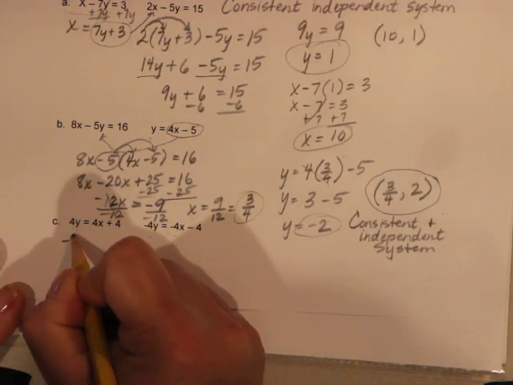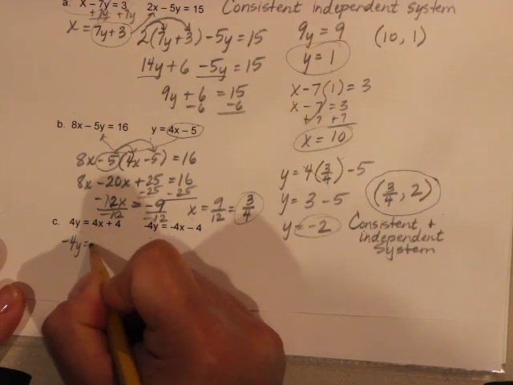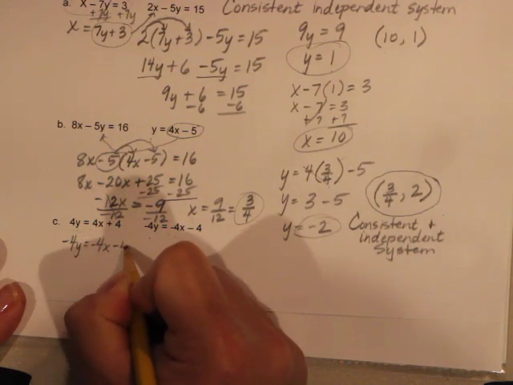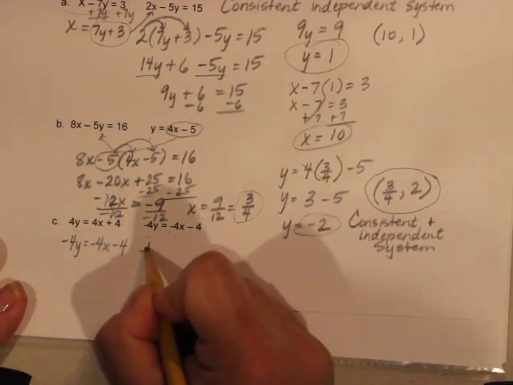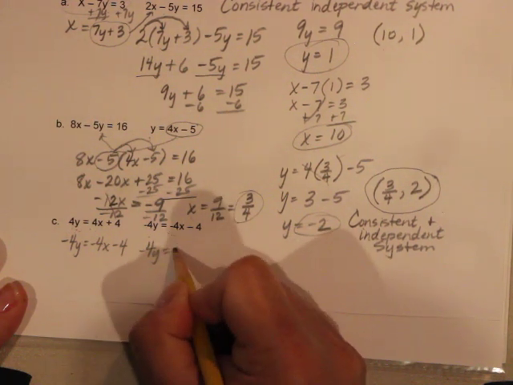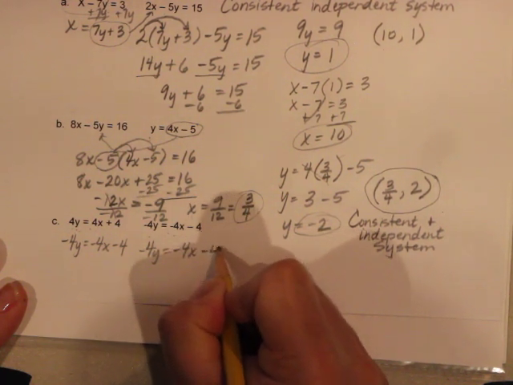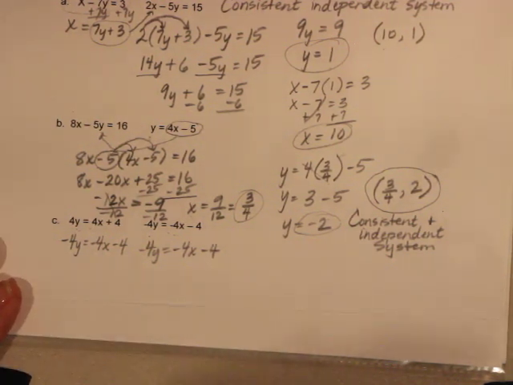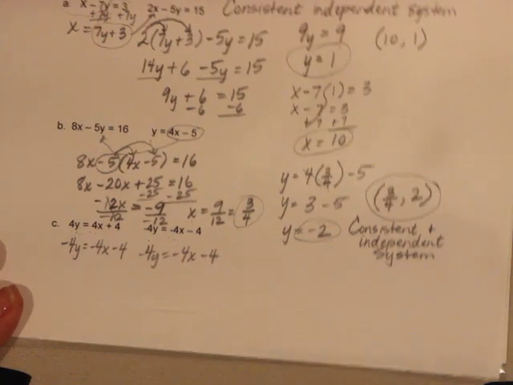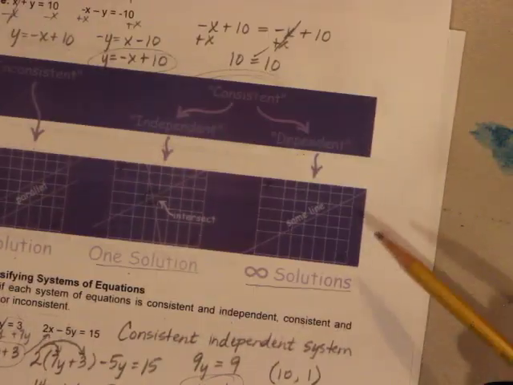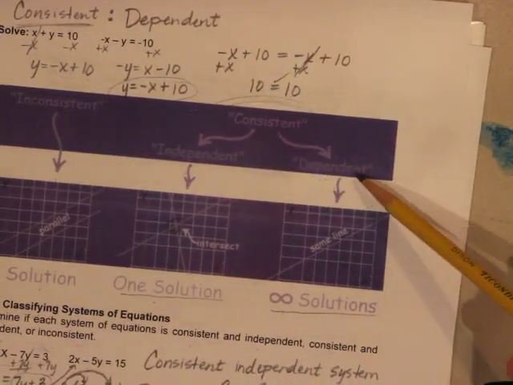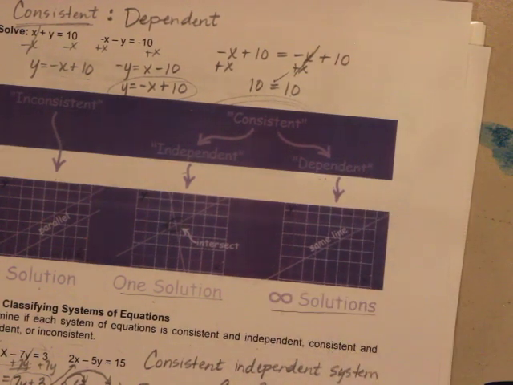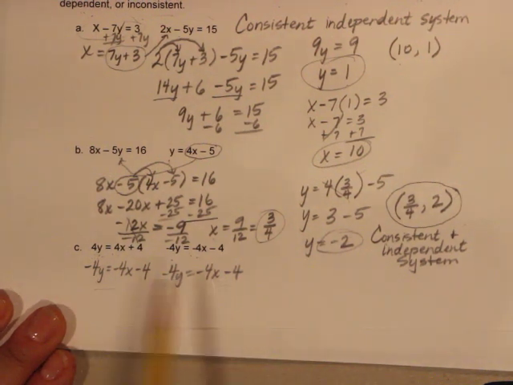So I've got negative 4y equals negative 4x minus 4. Now check it out. Here's my second equation: negative 4y equals negative 4x minus 4. What happened? I ended up with identical equations, which means I know immediately that I'm dealing with a consistent, dependent system. Same line, infinite number of solutions, and I knew it because I've got the same equation.